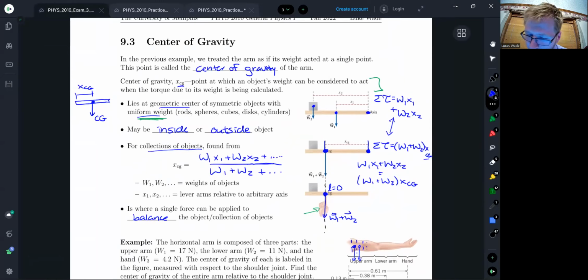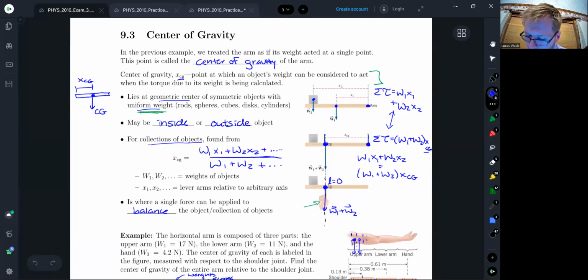But if the only force acting on the object is the force due to gravity, then it's only going to produce a torque when that center of gravity does not agree with the axis of rotation.